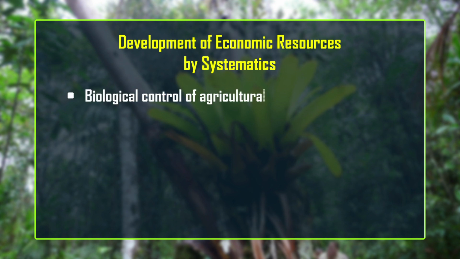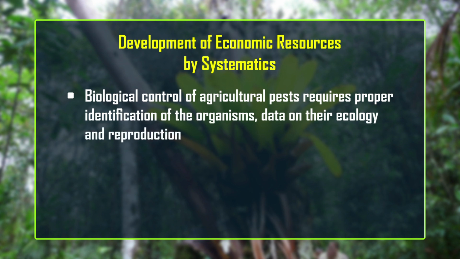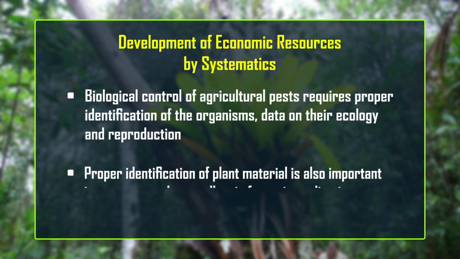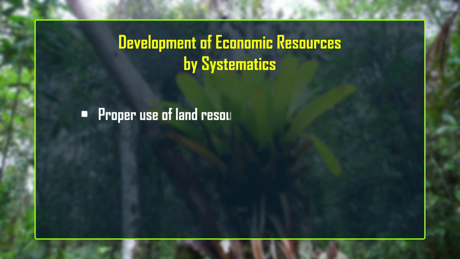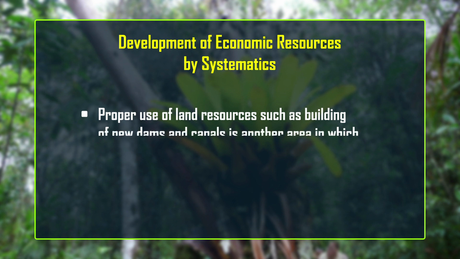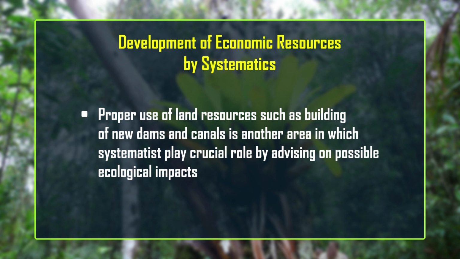The biological control of agricultural pests essentially requires proper identification of the organisms, plus data on their ecology and reproduction. Also, proper identification of plant material is important in customs as well as in forensic applications. The proper use of land resources, such as building of new dams and canals, is another area in which systematists play a crucial role by suggesting possible ecological impacts.